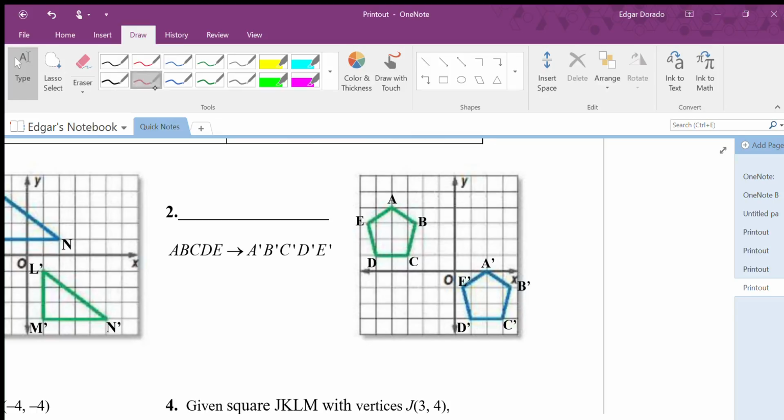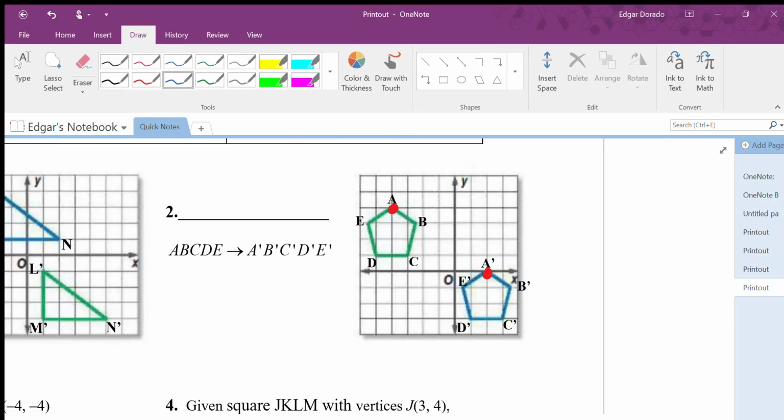Alright, let's go ahead and take a look to see if you guys did it correct. So we are translating this figure A, B, C, D, E to A prime, B prime, C prime, D prime, and E prime. That was a mouthful. Alright, so that's what we're doing here. So what I can do, again, from any one of these points, I could just go to its corresponding point on the other figure.